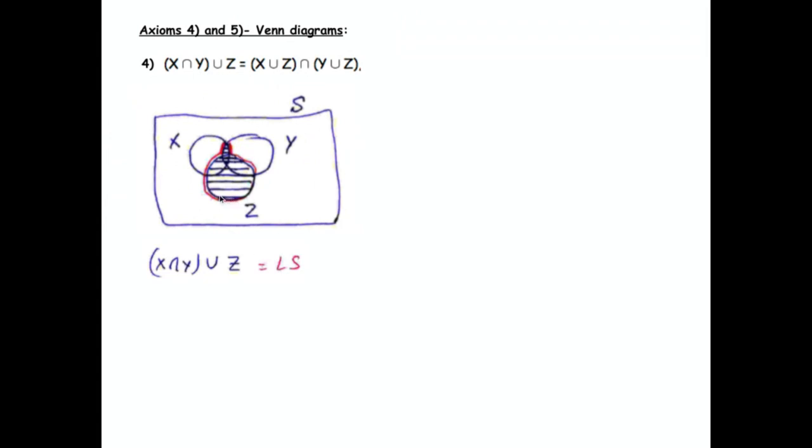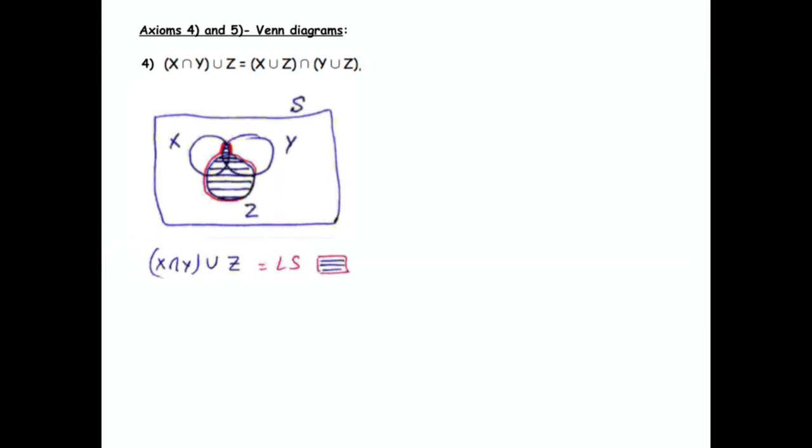We take the top, which is the union of x and y, and only the part of it that intersects with z is that little thing in the middle, which represents the result of that.